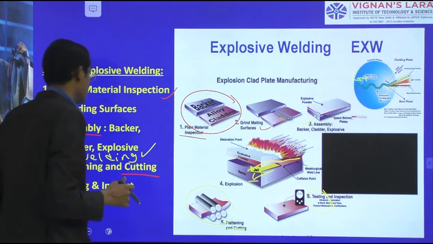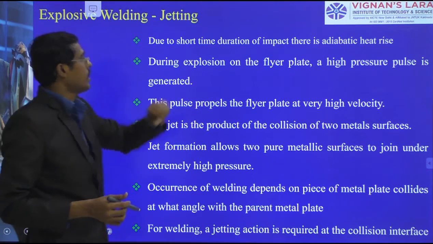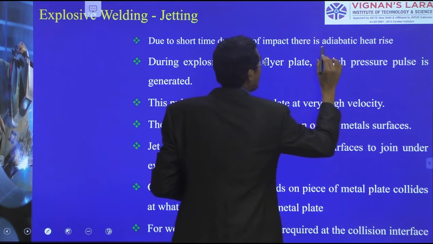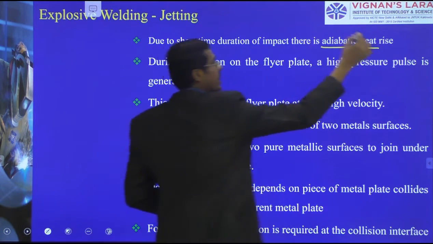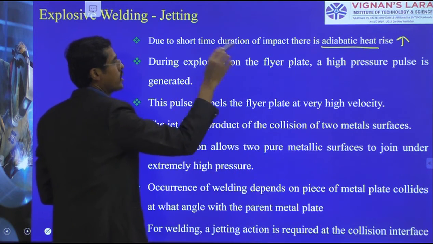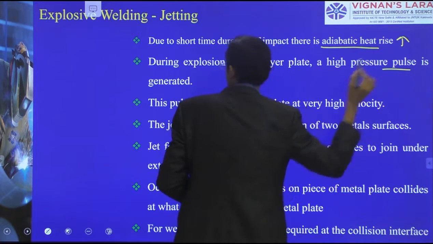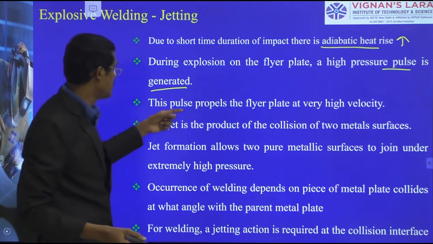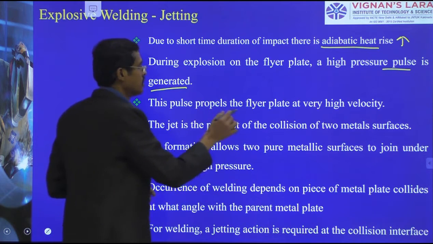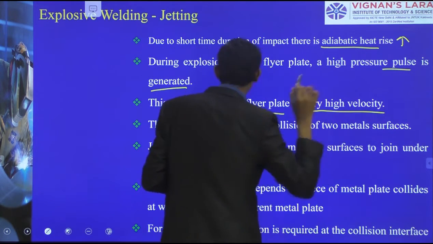Due to the short time duration of impact, adiabatic heat rise takes place, and therefore during explosion, a high pressure pulse is generated on the flyer plate. This pulse propels the flyer plate at a very high velocity.